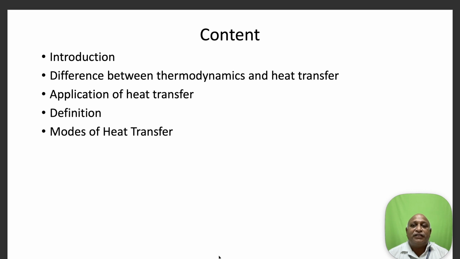First, an introduction about process heat transfer. Second, the difference between thermodynamics and heat transfer. Next, applications of heat transfer in process industries and allied industries. Then the definition, then modes of heat transfer. These are the contents to be discussed in this lecture 1.